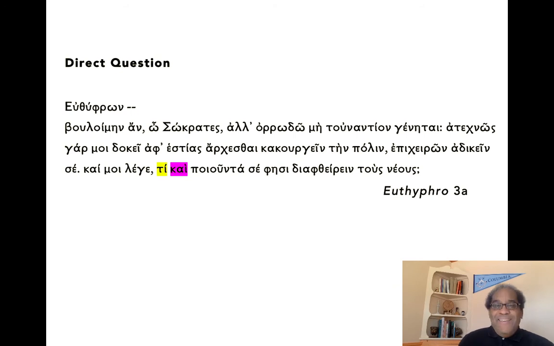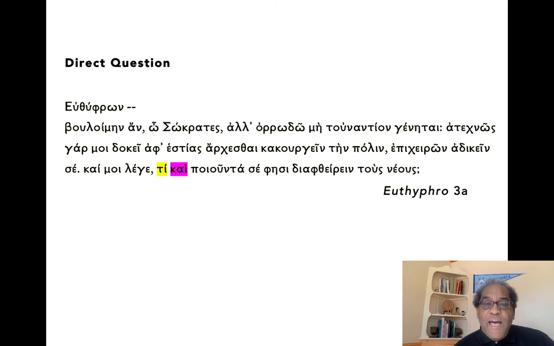And so Euthyphro then has to say, well, I wish that were the case, i.e. that this guy's going to do great things, but I fear that the opposite is about to happen, for quite plainly, he seems to me, from the hearth, from the very core, from the central point of the city, to begin to do harm to our state, trying to attack you, trying to wrong you. Kai moi lege, and tell me, ti kai poiounta.